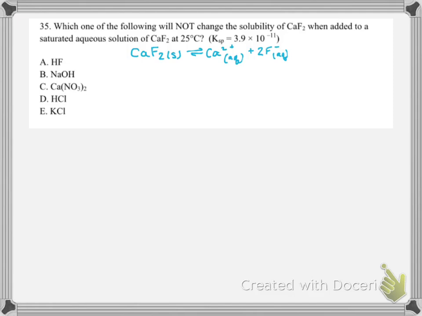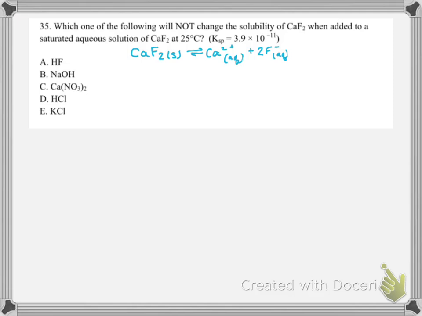Okay, for 35, they want us to pick what will not change the solubility of calcium fluoride. So here I've written out the equilibrium for the solubility. And so let's go through each option.